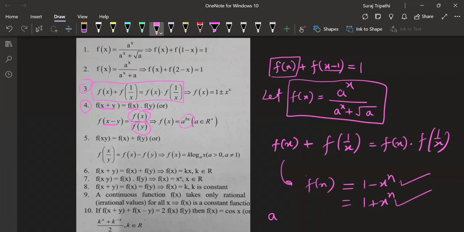A will be any constant, b also will be any constant with variable. So you have to consider this type of function.